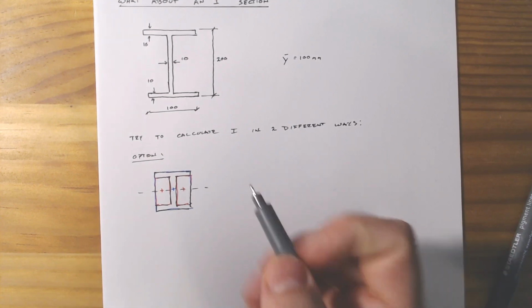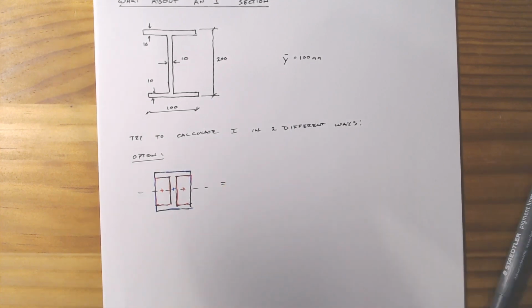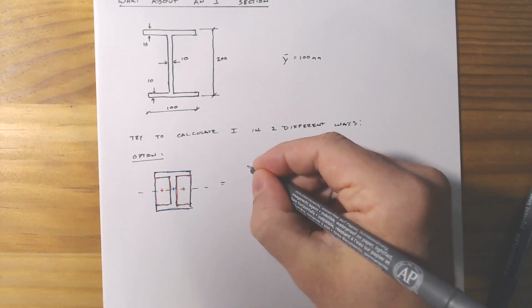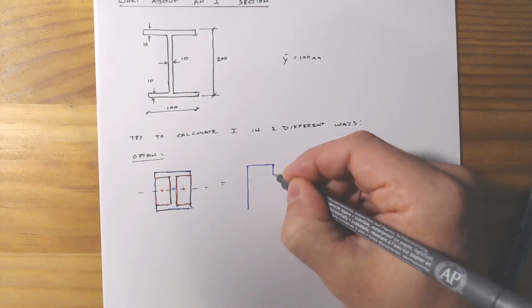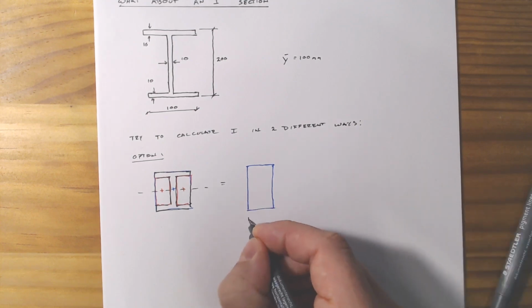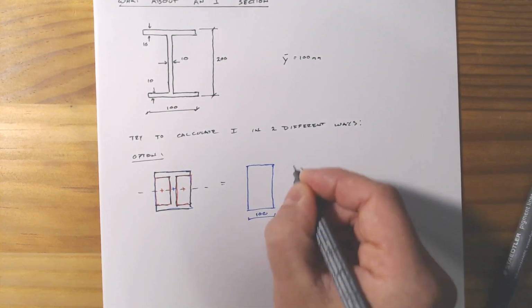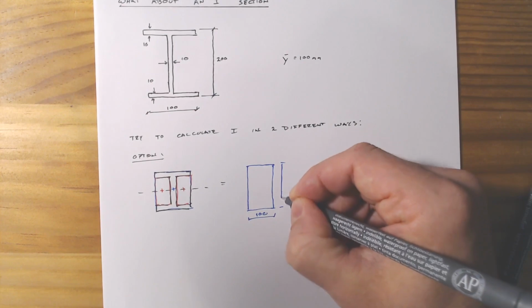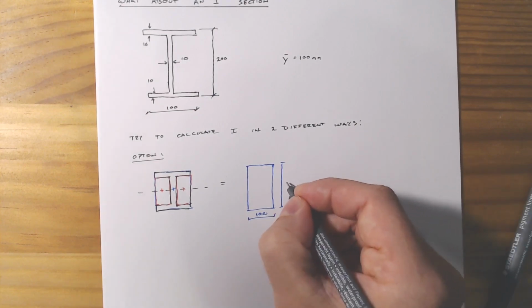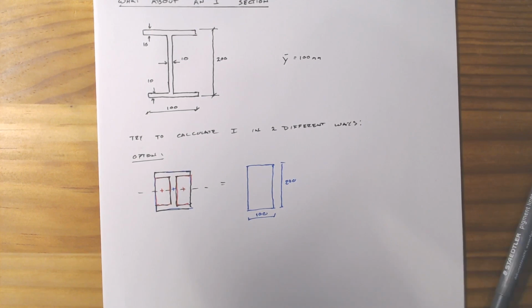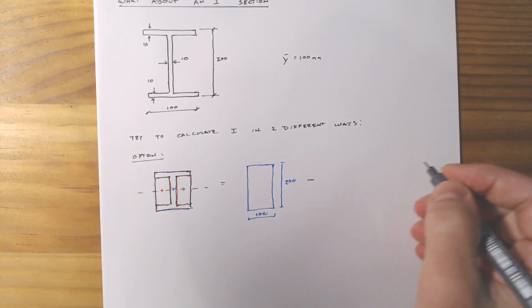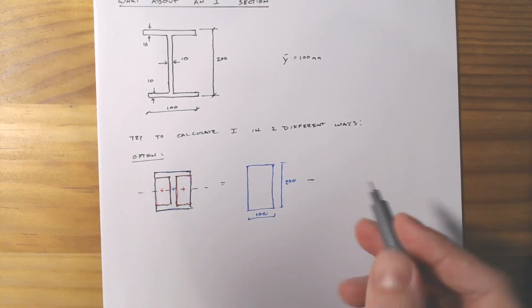So this would be equivalent to some outside bit of width 100 and a height of 200, and it's going to subtract out effectively two of these voids.